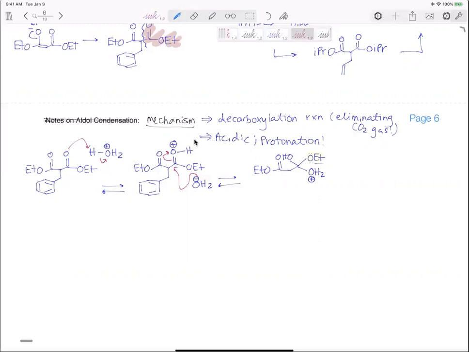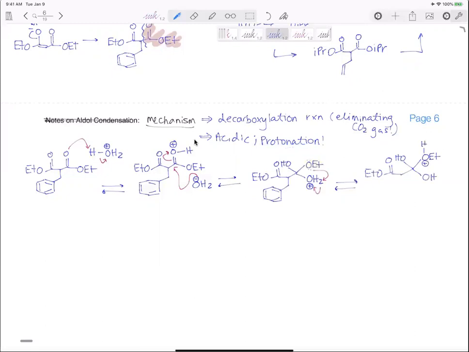It's an intramolecular proton transfer. Okay, to form this here.